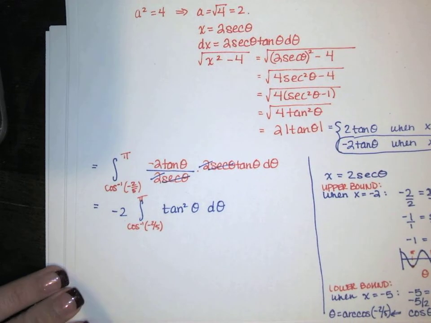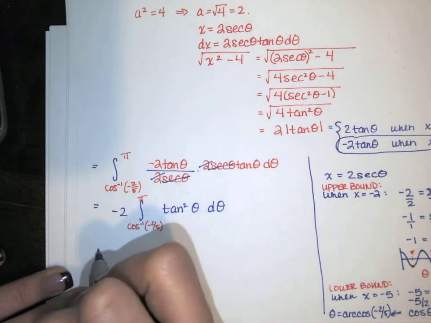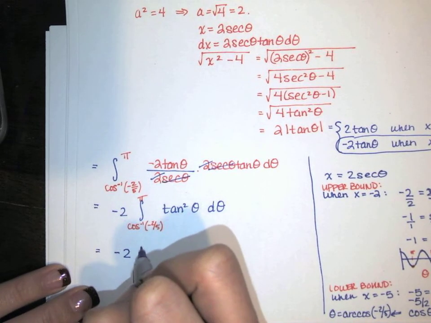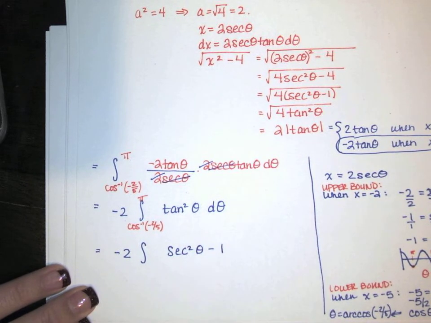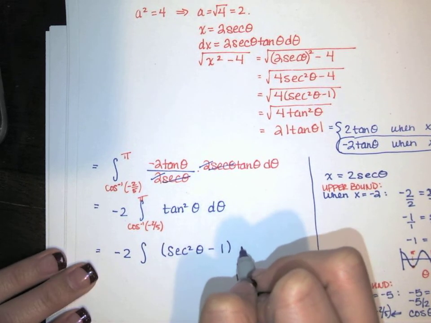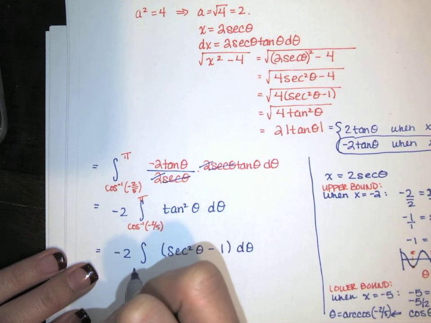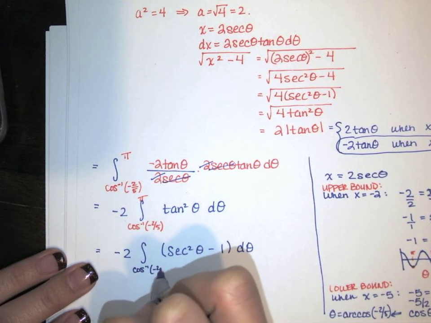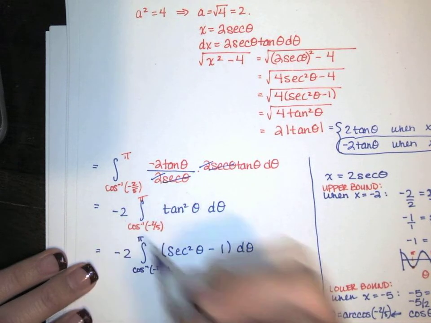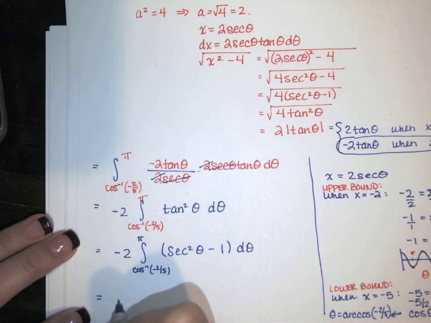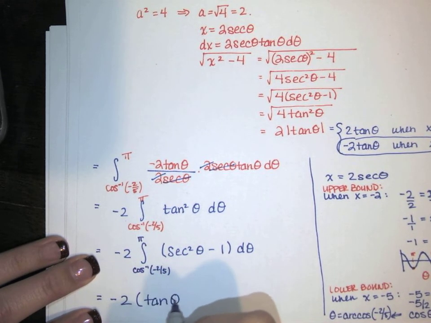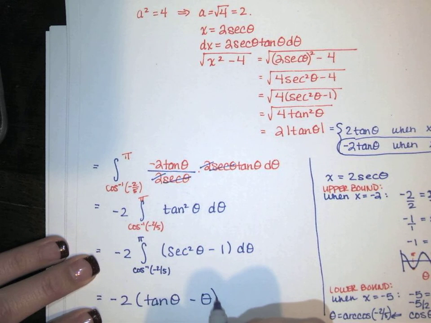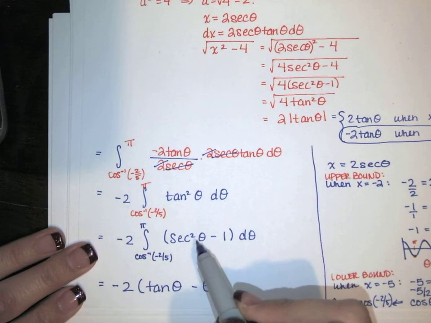Now I want to take the antiderivative. I don't have a rule for tangent, but I do have one for secant squared. And tangent squared is the same as secant squared minus 1. So we're going to substitute. And then simplify. Now this is a little different. Anti-differentiate with respect to theta.